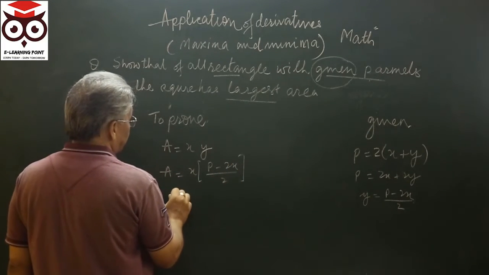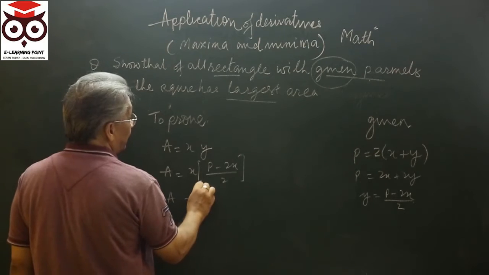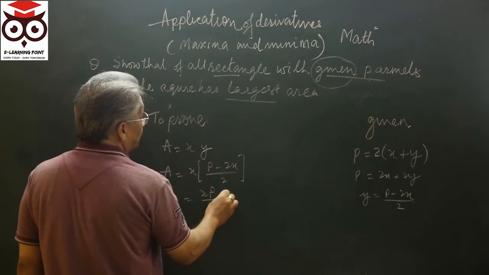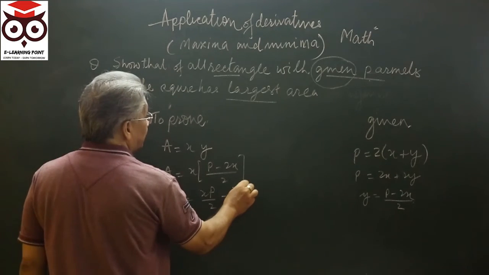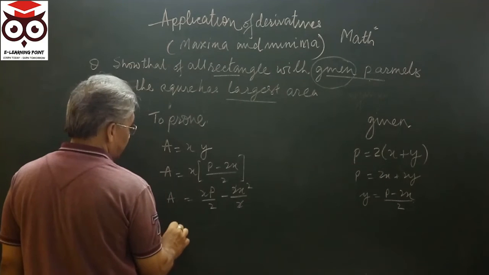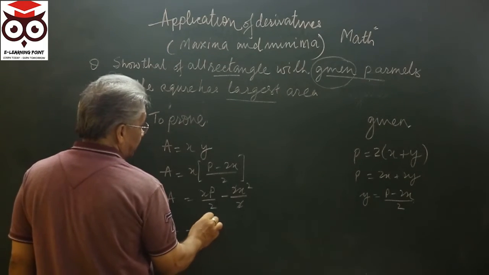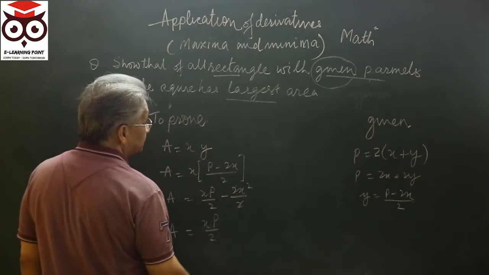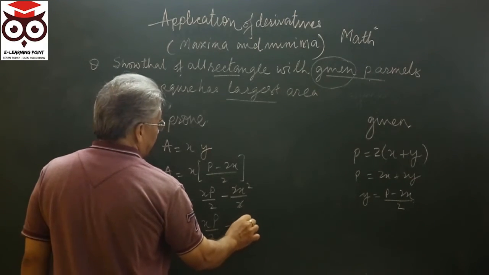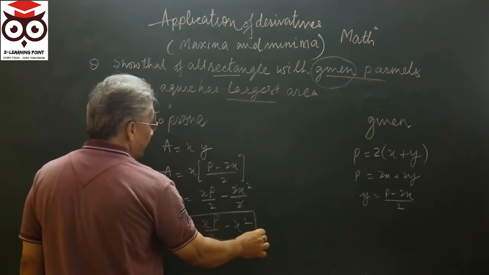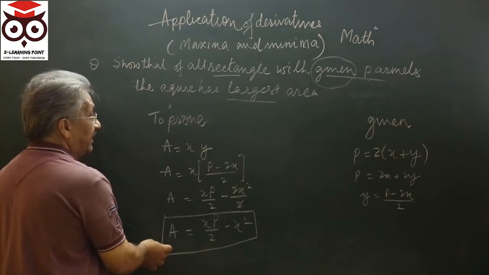This is A is equal to xp by 2 minus 2x square by 2. 2 से 2 कैंसिल हो गया. Now this is xp by 2 minus, बस अब आपके लिए ये रिलेशन बहुत इम्पोर्टेंट है.